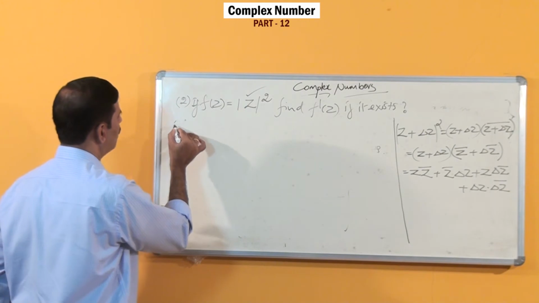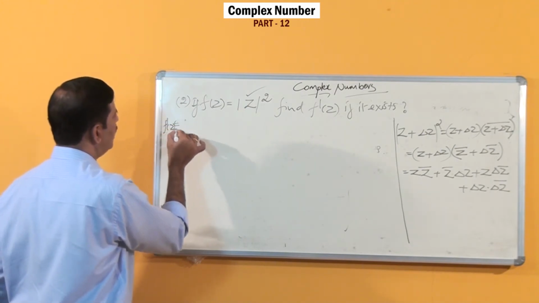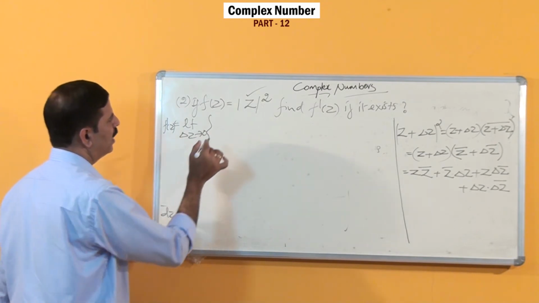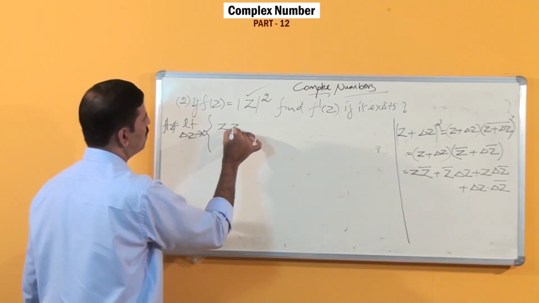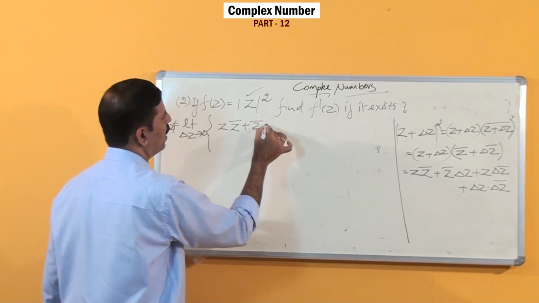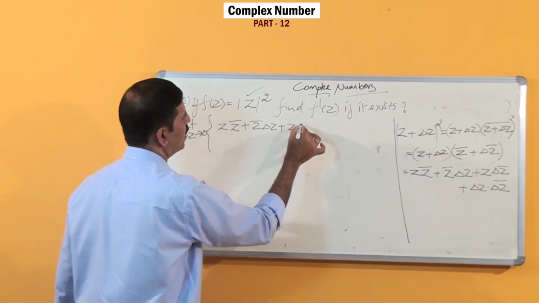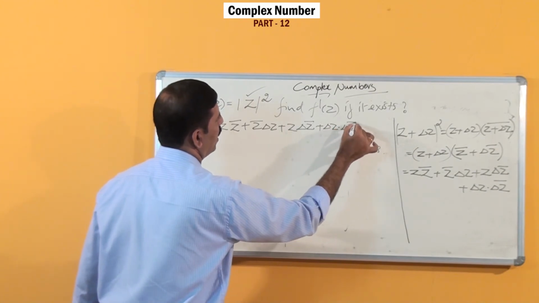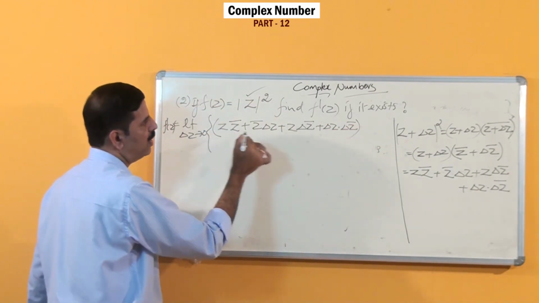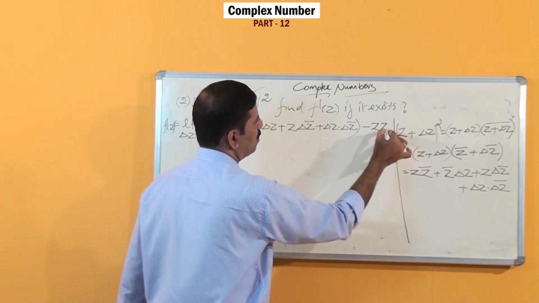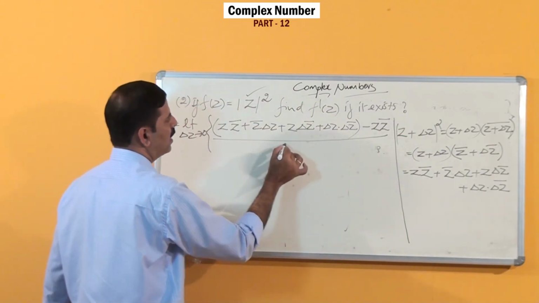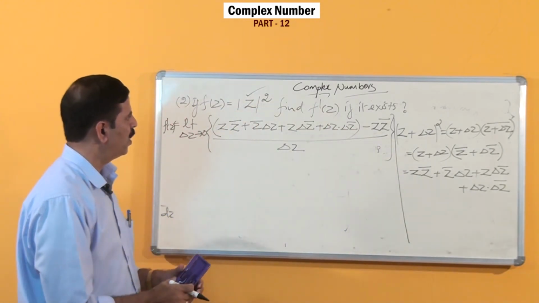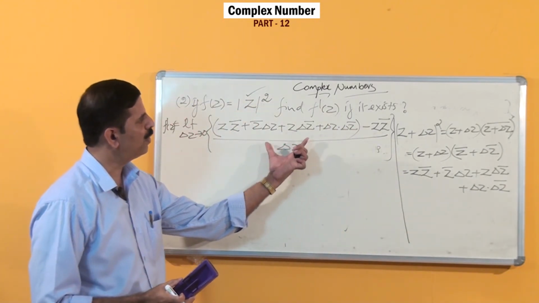Next step, continuing: f dash of z is the limit as delta z tends to 0 of the expression: the first term z z bar plus z bar delta z plus z delta z bar plus delta z delta z bar, minus z z bar, divided by delta z, as per the definition. Now you have to find the limit of this function.